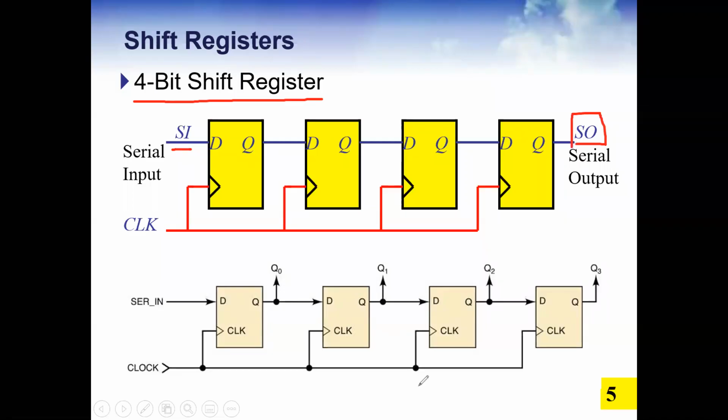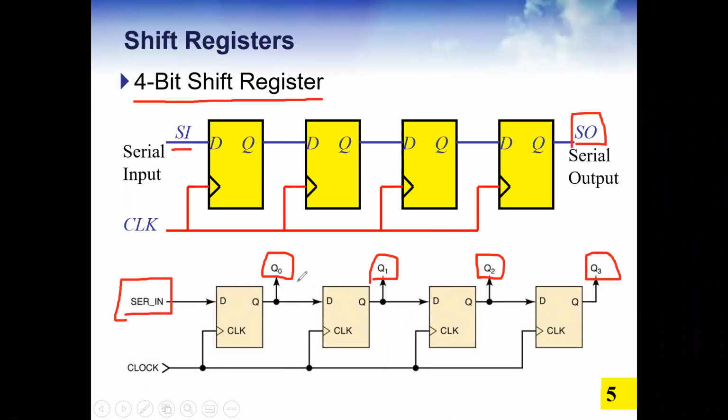Same with one modification: the data is input serially, but the output comes at the same time. So which type of register will it be? If the data input is serial but the output is parallel, this arrangement is called serial in, parallel out.